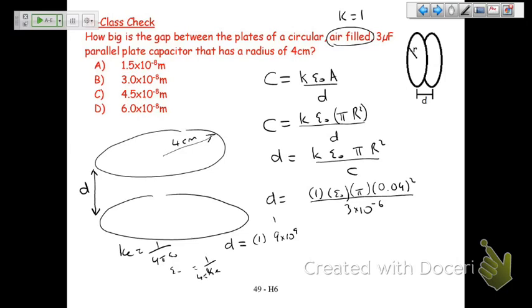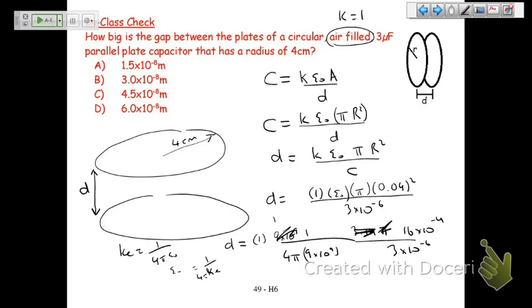So epsilon naught is 1 over 4 pi times 9 times 10 to the 9. So 9 times 3.14, or pi, times pi, that's nice, that's going to go away, times 16 times 10 to the minus 4 over 3 times 10 to the minus 6.